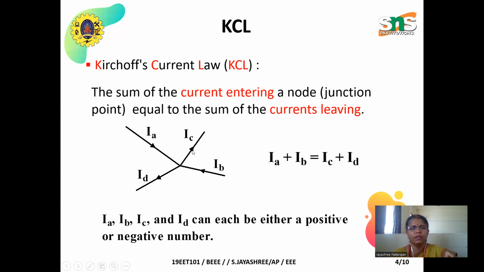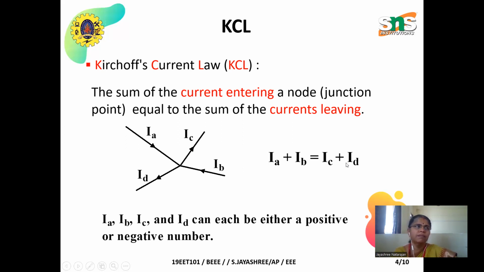IC is leaving, then ID, the current through the fourth branch, is also a leaving current. So according to Kirchhoff's law, the sum of currents entering: what are the currents entering? IA and IB. So IA plus IB equals the currents leaving, IC and ID. So IA plus IB equals IC plus ID.